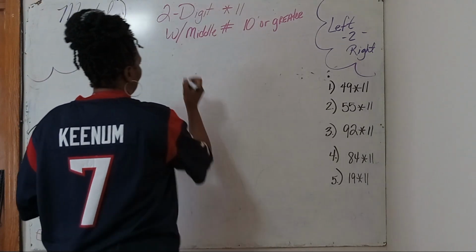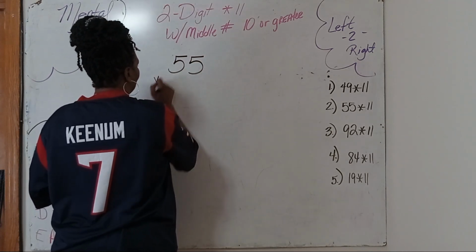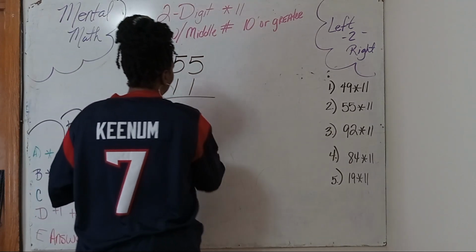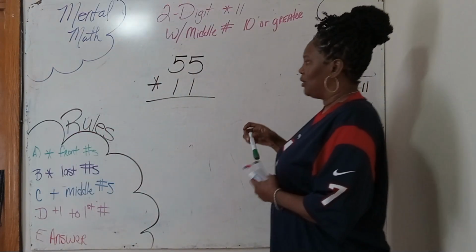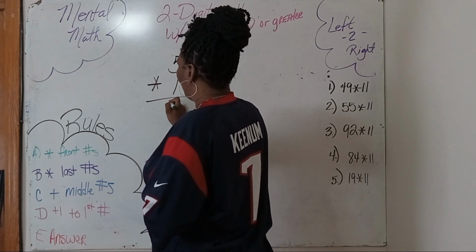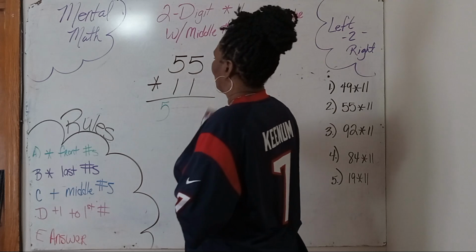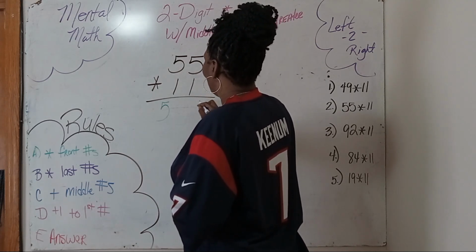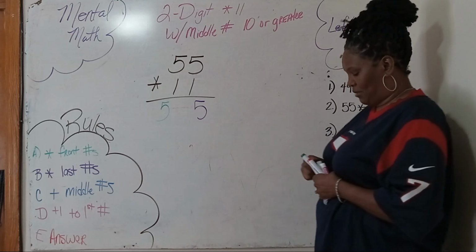The next problem is 55 times 11. So what are the rules? First thing we do is multiply the front numbers. 5 times 1 is 5. Then we multiply the back numbers. 1 times 5 is 5. Then we add the middle numbers.